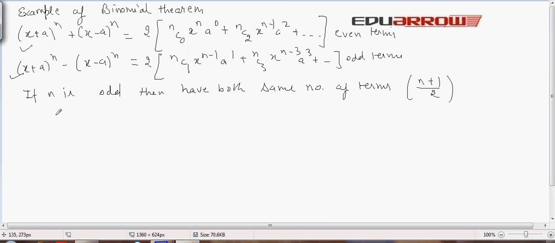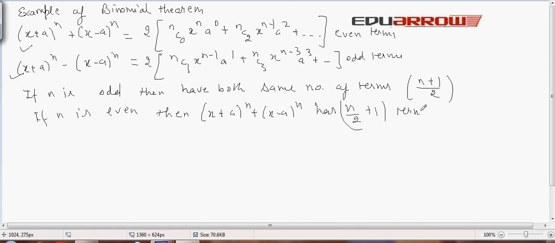If n is even, then (x + a)^n + (x − a)^n has n/2 + 1 terms, and (x + a)^n − (x − a)^n has n/2 terms.